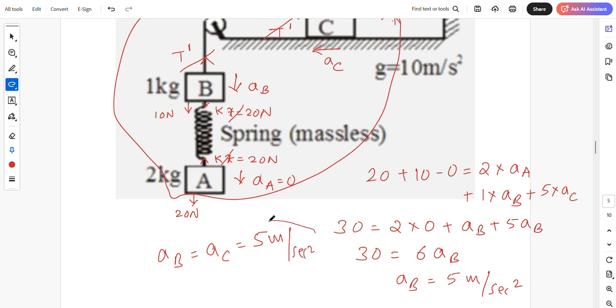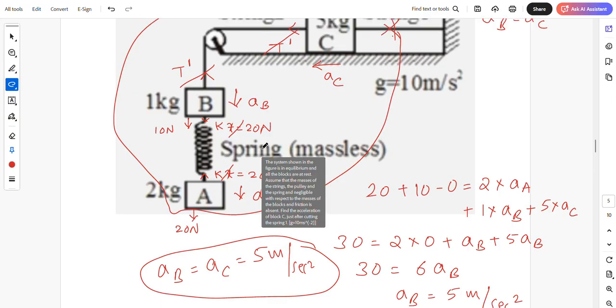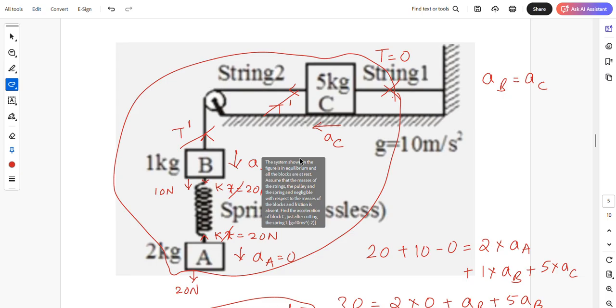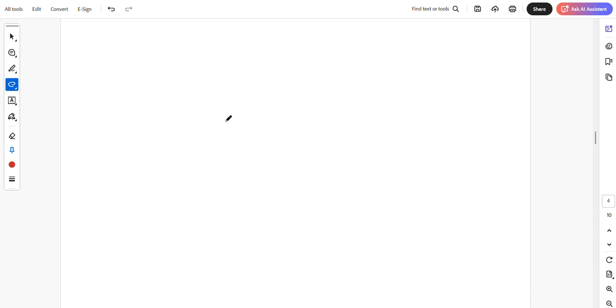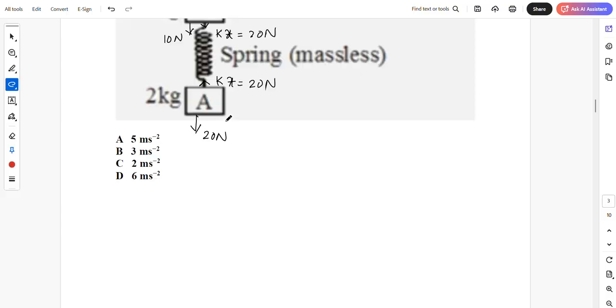Hope you have understood. There is no effect on the spring force. The tension in the other strings changes once string 1 is cut. Hope you understood. 5 meters per second square is the right answer.